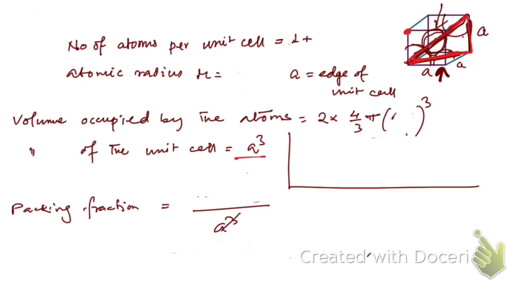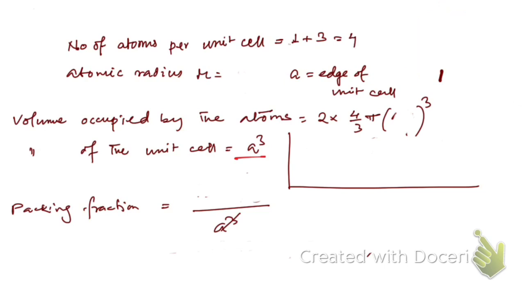So there are 6 faces, so 6 into half, that's going to be 3. Total number of atoms is going to be 4. Okay. In case of FCC, there will be no atom at the center of the body. Okay, it is present in BCC only.